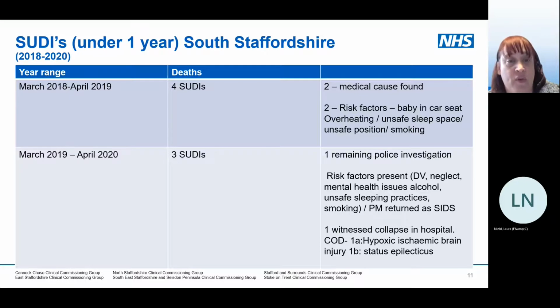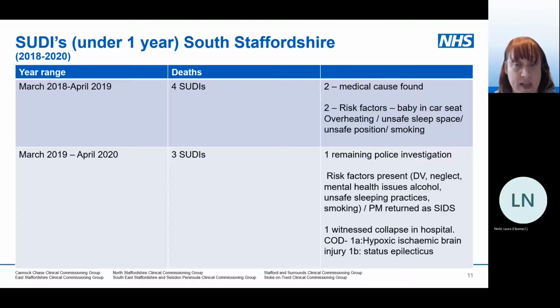There were 4 sudden unexpected infant deaths in that time. When there was further investigation, there were medical causes identified for 2 of those babies. One was an undiagnosed heart condition, and the other was an undiagnosed liver cancer.